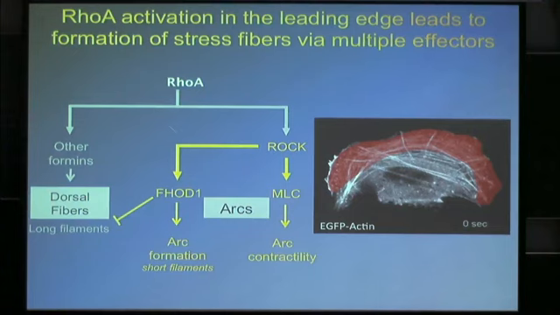On the one side, the dorsal fibers are initiated from focal adhesions here. On the other side, the arcs are generated from within the lamellipodium. You need the downstream effectors to be active in the very front as well. So it is perfectly clear that Rho must be activated in the front.